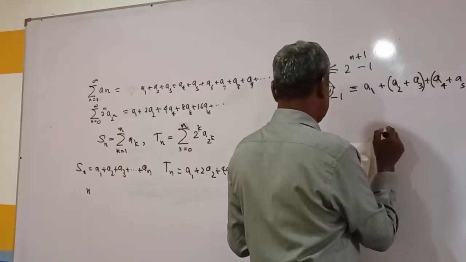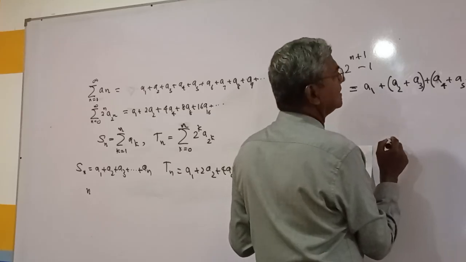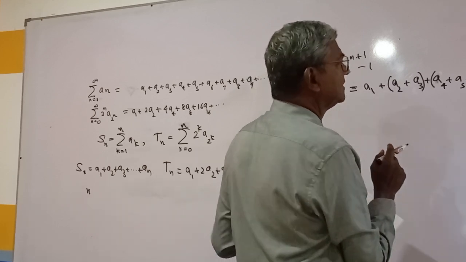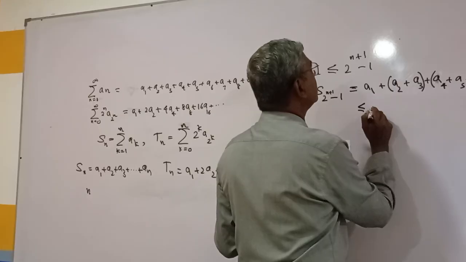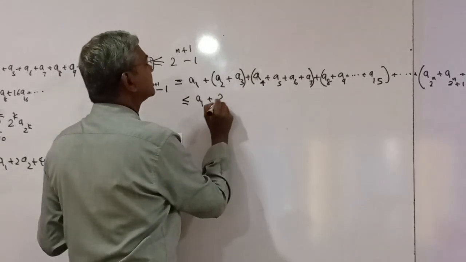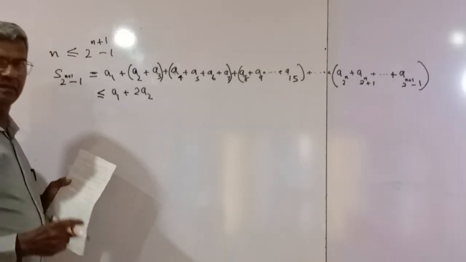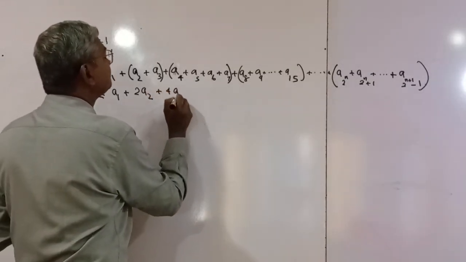This is A1. This is less than or equal to 2A2 because this is increasing. This one is 4A4.